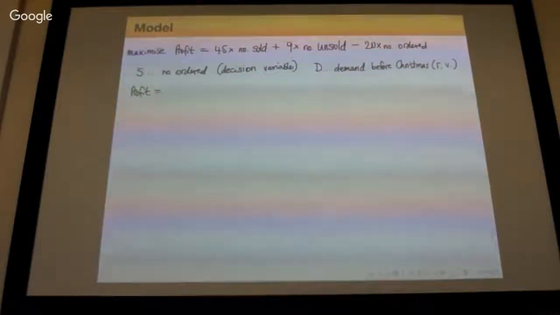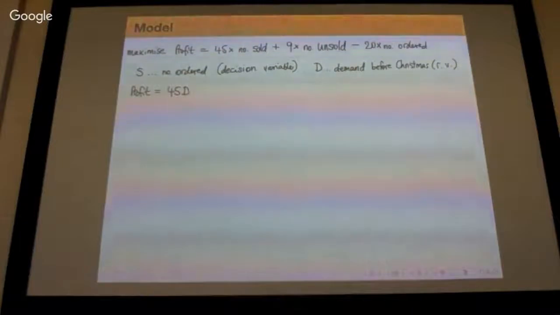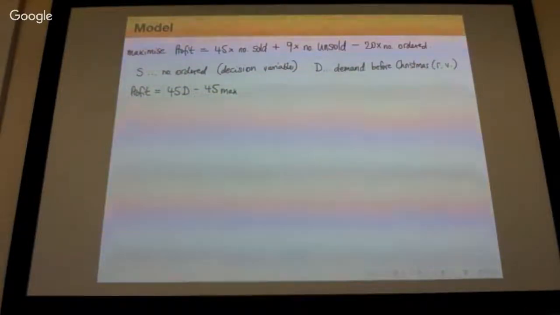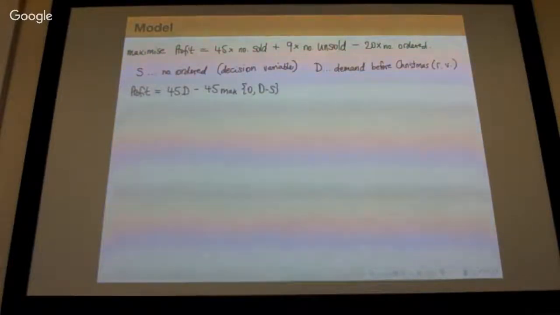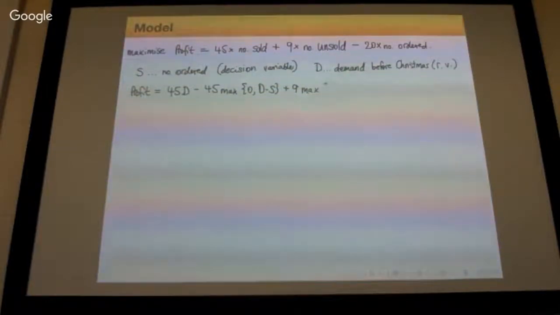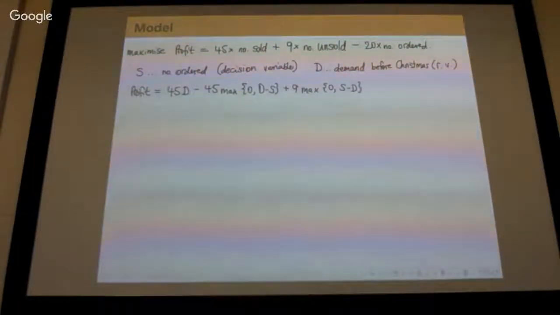So this is going to be 45D minus 45 times the maximum of 0 and D minus S, I'll explain in a second, plus 9 times the maximum of 0 and S minus D, minus 20S.